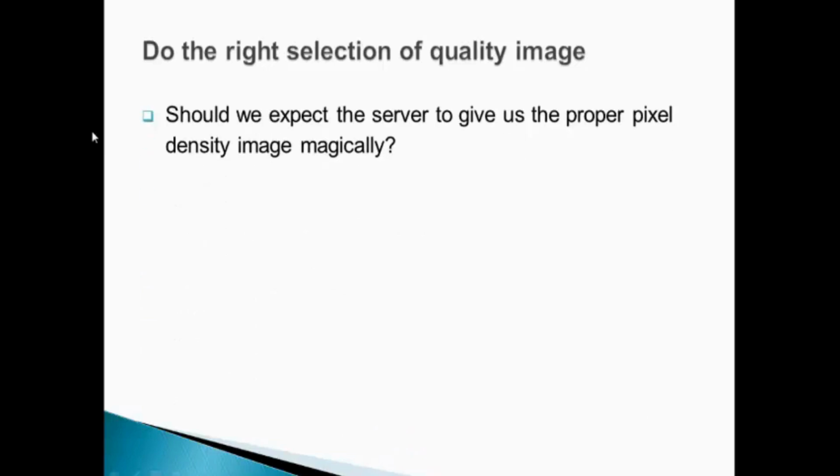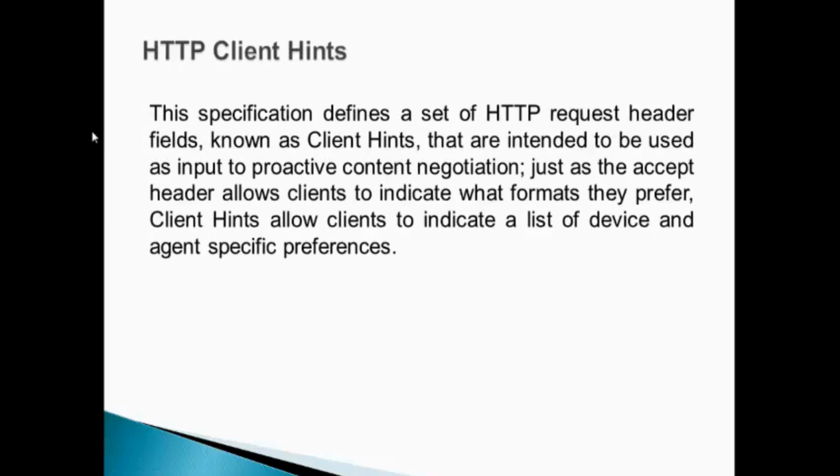The second option: should we expect the server to give us the proper pixel density image magically? It is possible that this will be solved on the server side, for the device pixel ratio scenario, particularly by something called client hints.